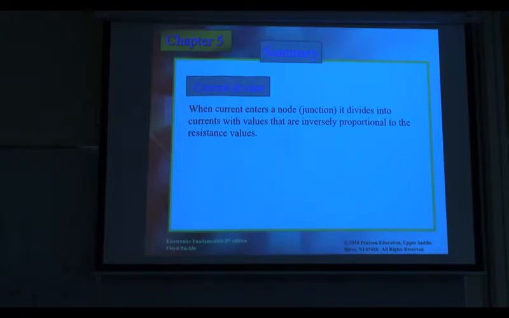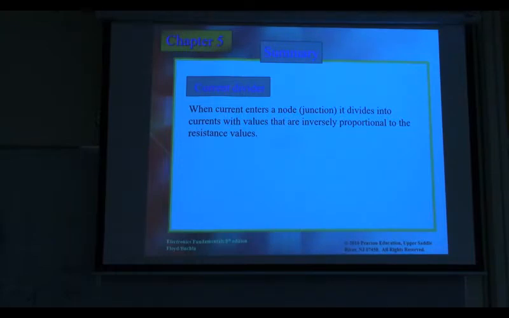Now let's try some extreme cases. This is a very useful technique when you troubleshoot. Suppose we assume R2 is open. If it is open, that means this resistance equals infinity.